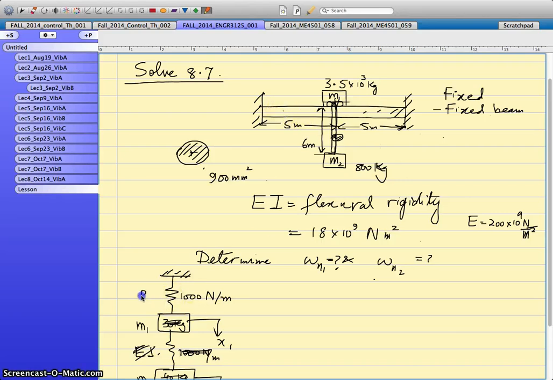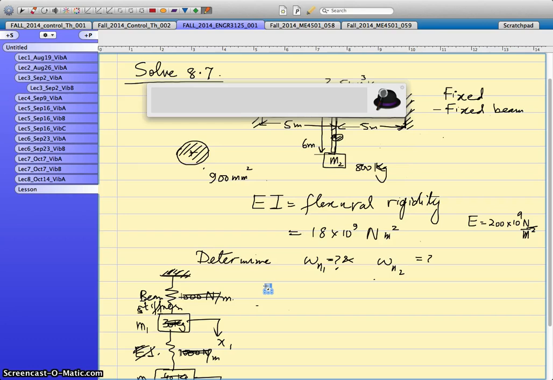So this is the beam stiffness. Alright guys, that's what we can find out from the table. So if I go over here, do you understand? And that beam is rigidly grounded. So this is rigidly grounded on the other end.